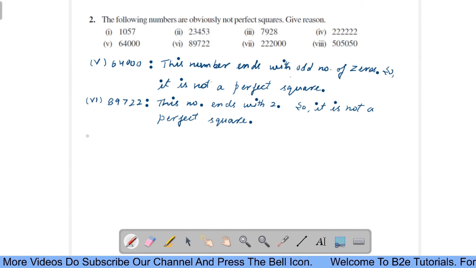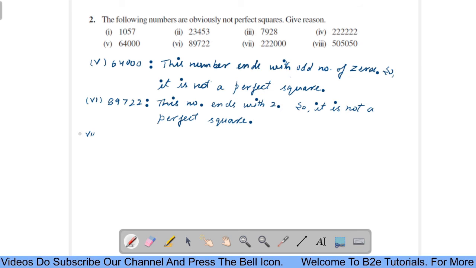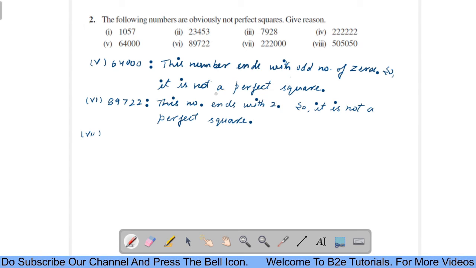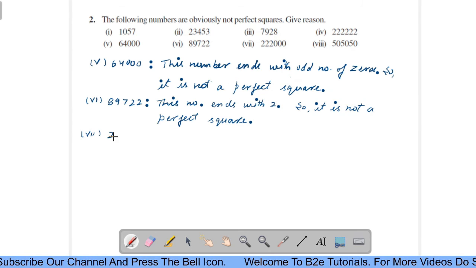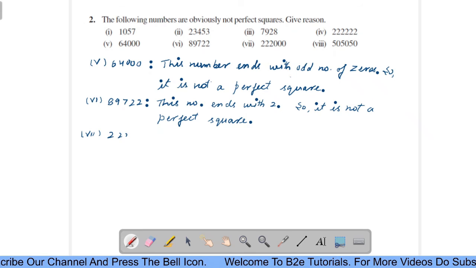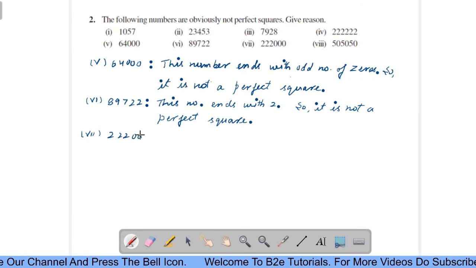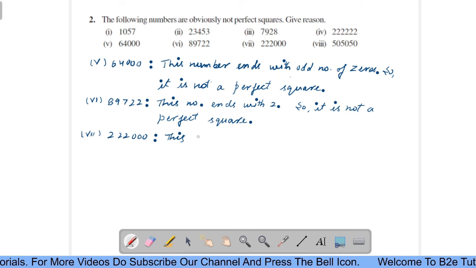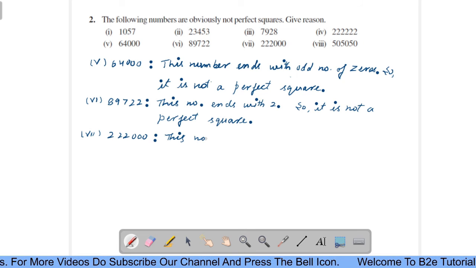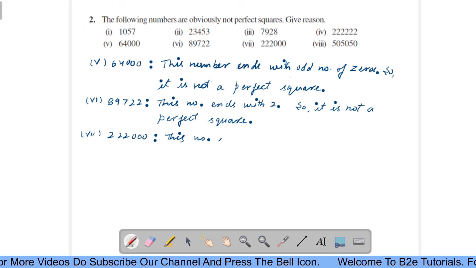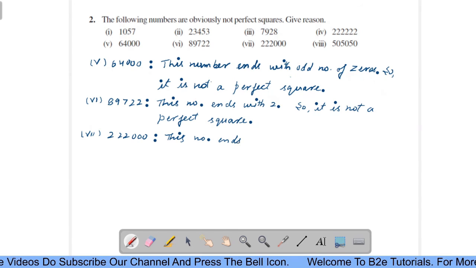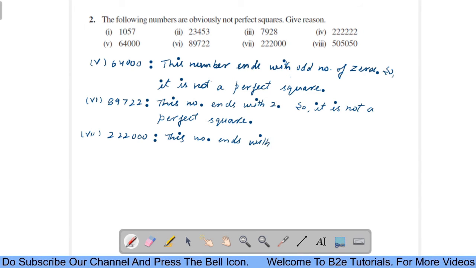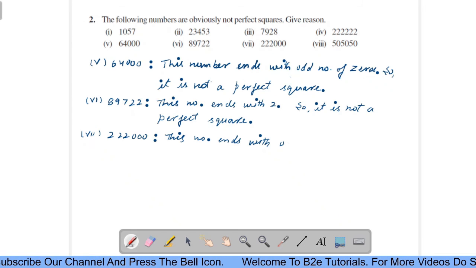Now come to seventh part. It is 2,22,000. This number ends with an odd number of zeros.